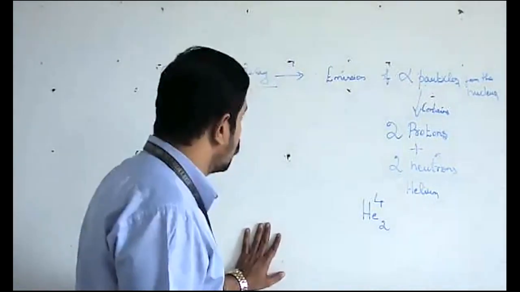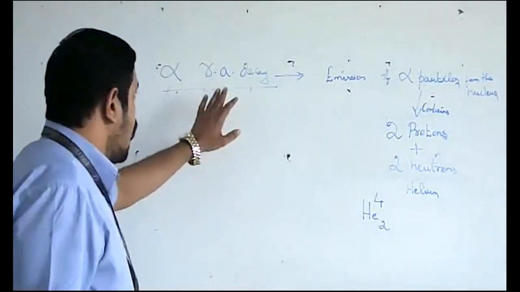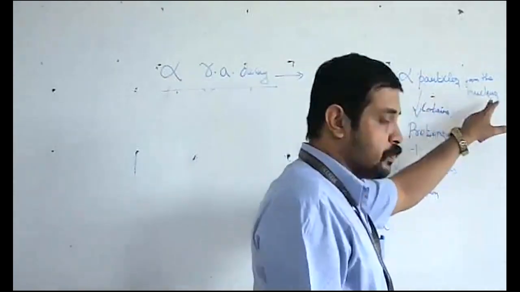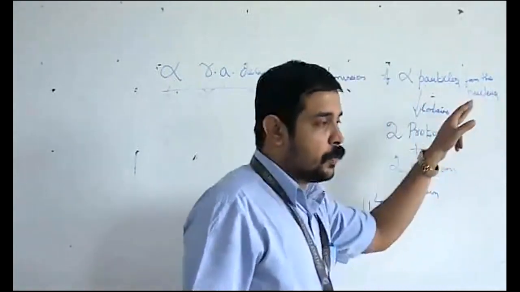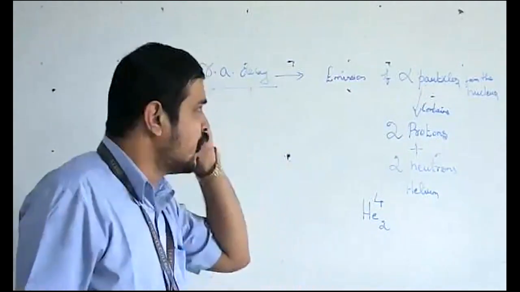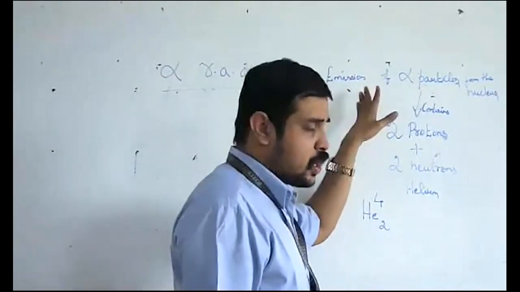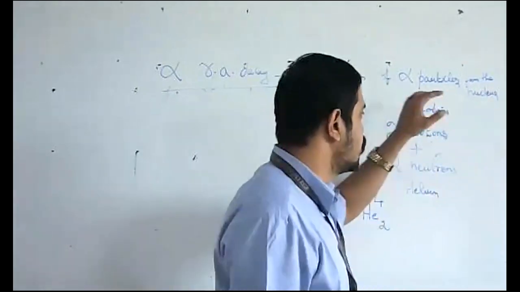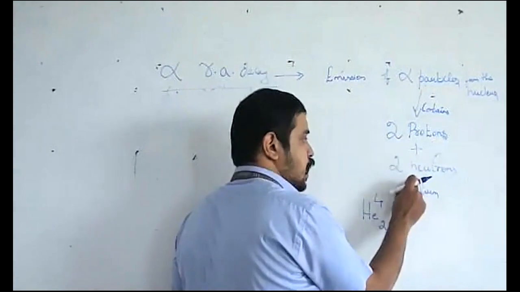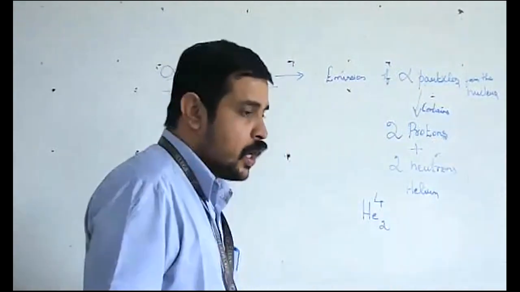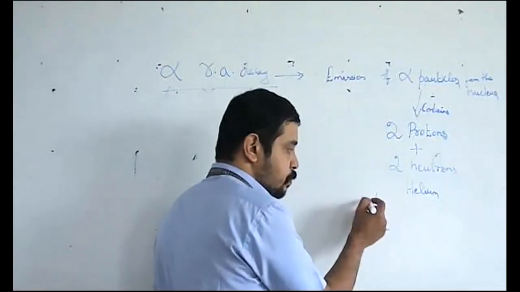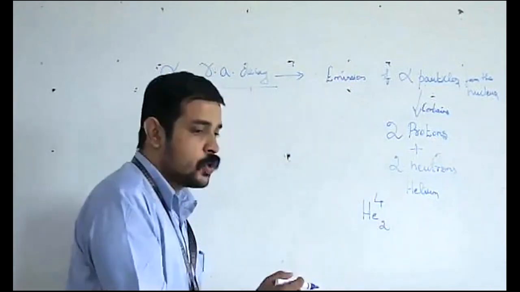I am once again explaining. Alpha radioactive decay involves emission of alpha particles from the nucleus. I hope you know where the nucleus of an atom is; we have already discussed it in the basics. An alpha particle contains two protons and two neutrons. If it is two protons and two neutrons, the mass number is 4, since 2 plus 2 is 4.